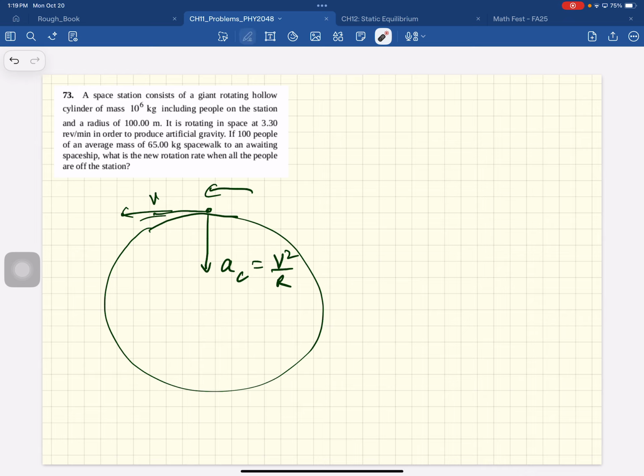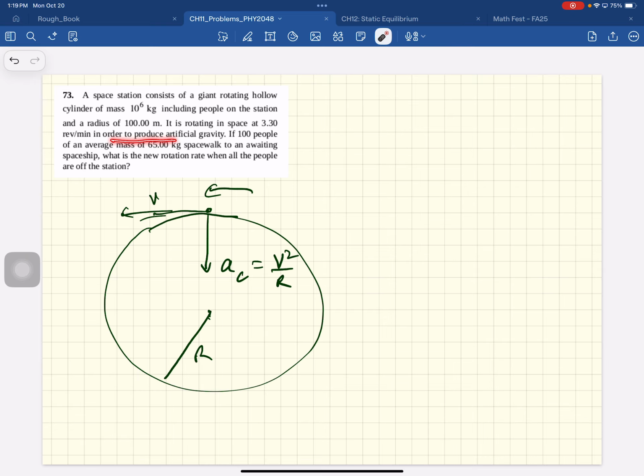So what we'll do is, it is rotating in space at 3.3 revolutions per minute. So imagine that structure from here to Mainland High School, rotating at 3.3 revolutions per minute.